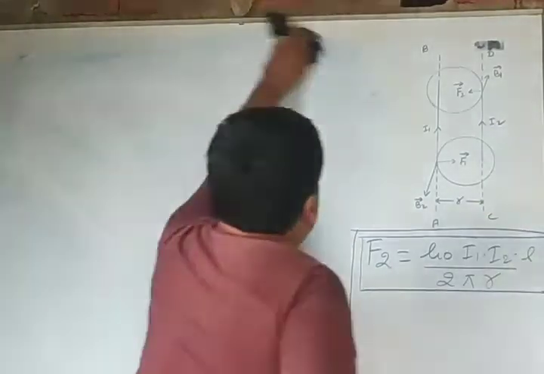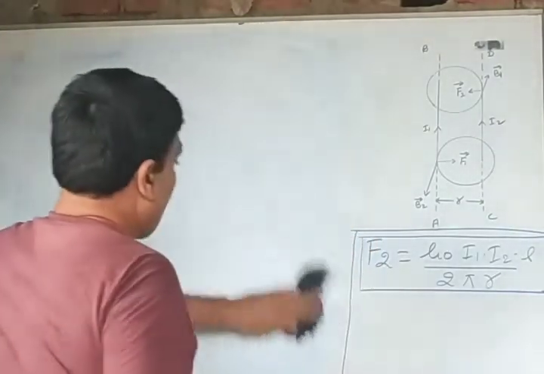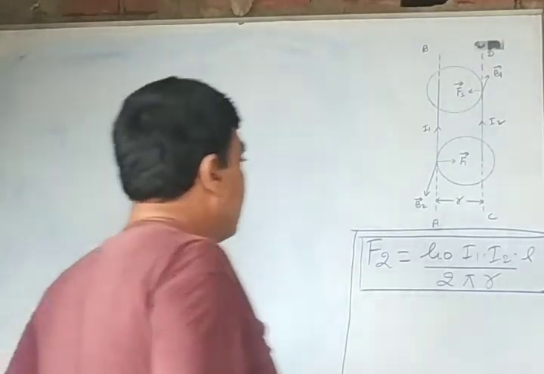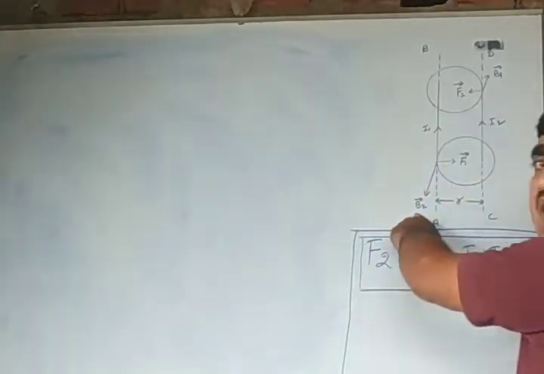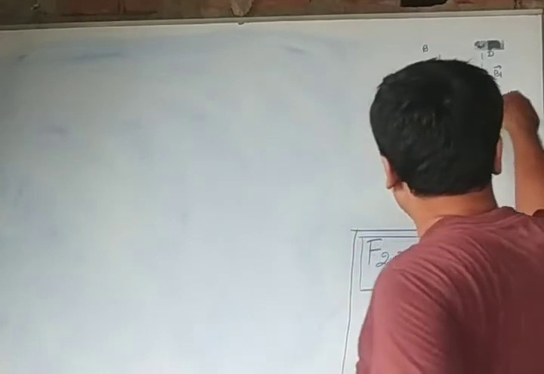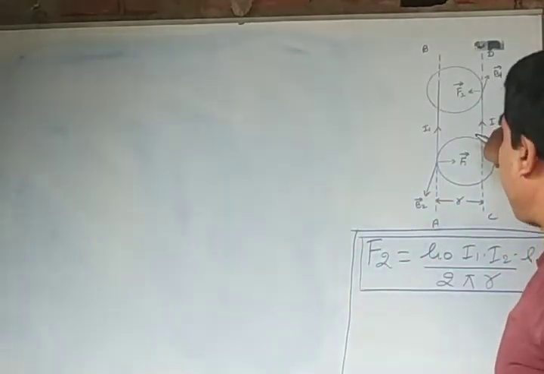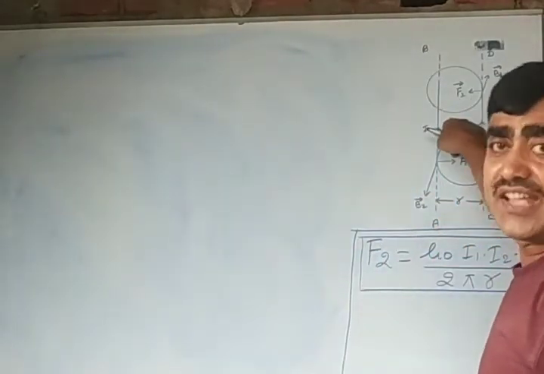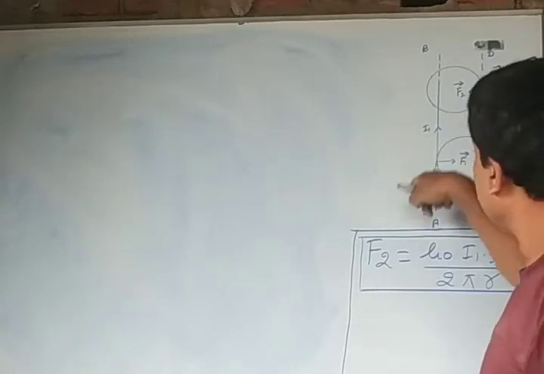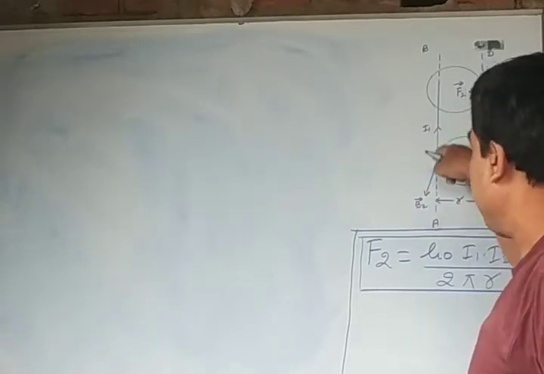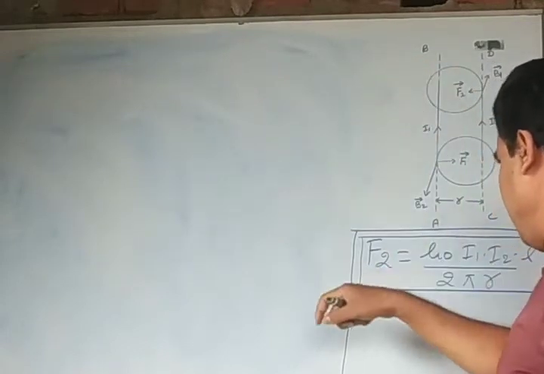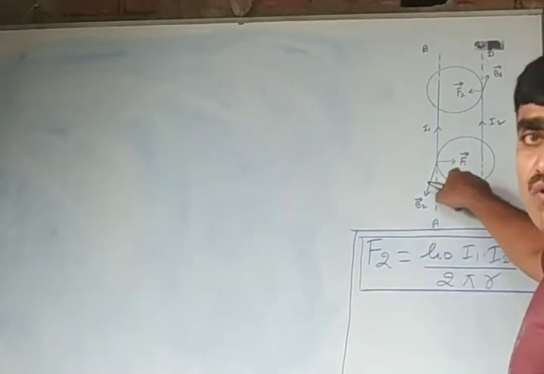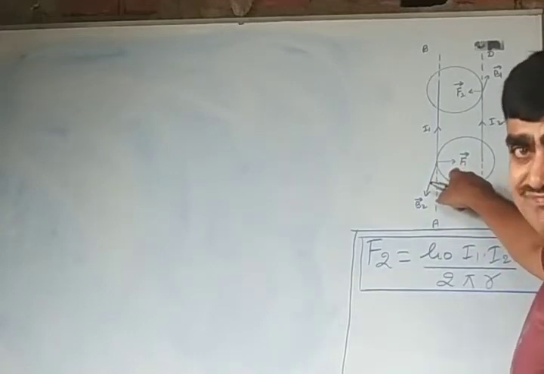Here B2 is the magnetic field produced by the current I2 on wire AB, and this magnetic field is perpendicular to the wire AB and exerts force F1.